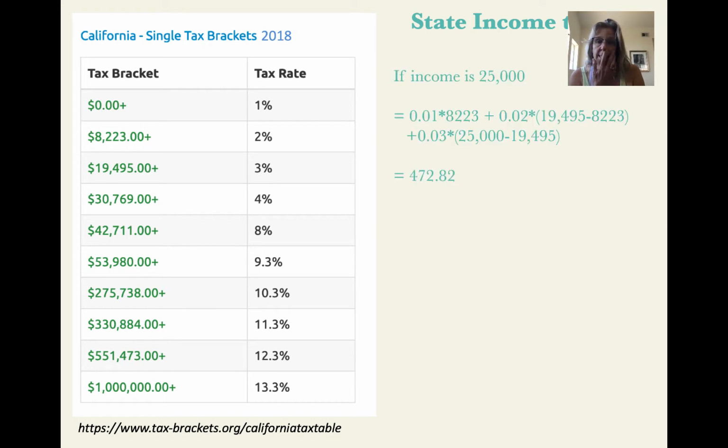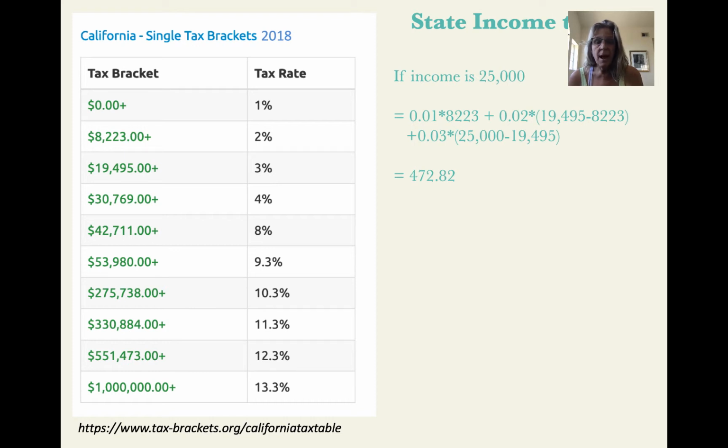So let's look at this calculation. Let's say our income is $25,000. For the first 8,223, we're taxed at 1%. Then for the difference between 19,495 and 8,223, we're taxed at 2%.